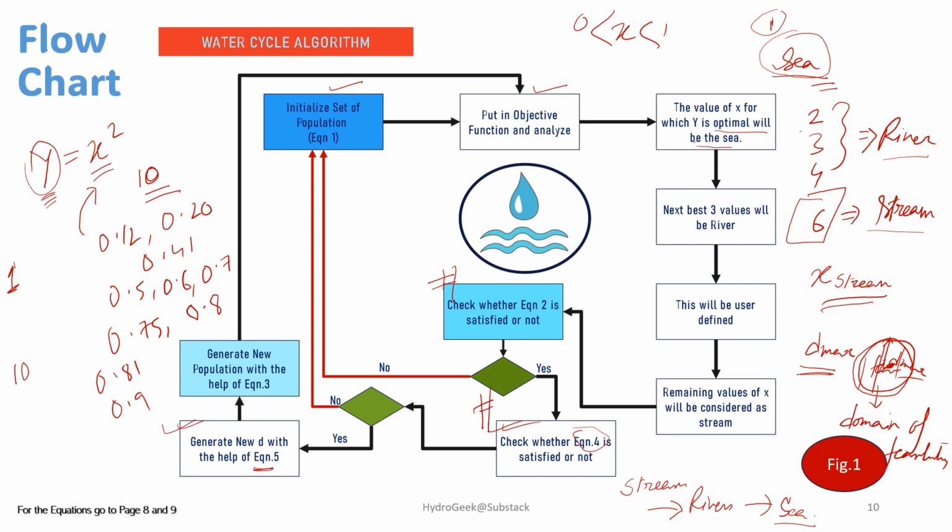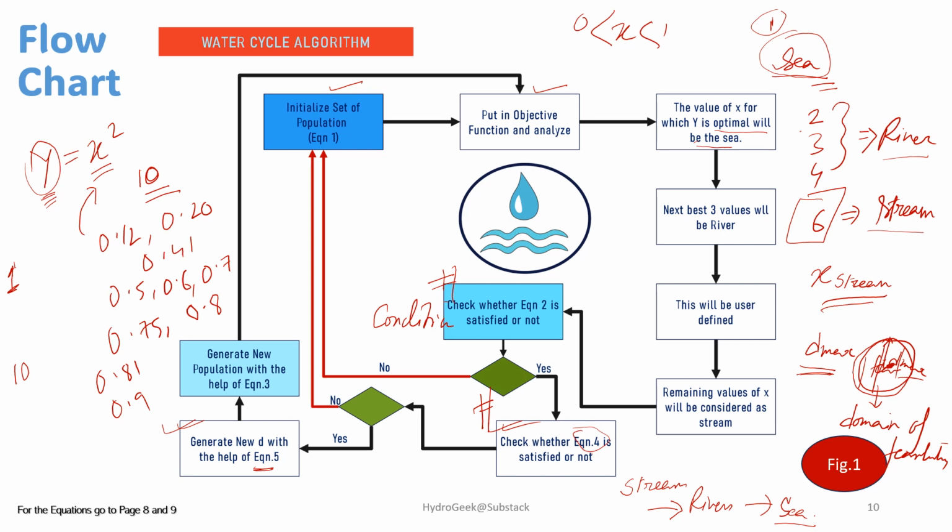And they also prevent the algorithm from generating infeasible values of x or design values. Here x is your design value, correct? So to prevent these infeasible values of x and to prevent the algorithm from falling into local minima, these two equations, or rather I must say conditions, must be checked. Correct?